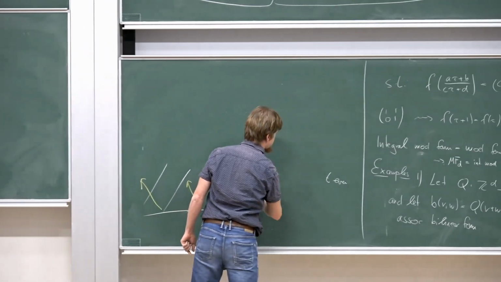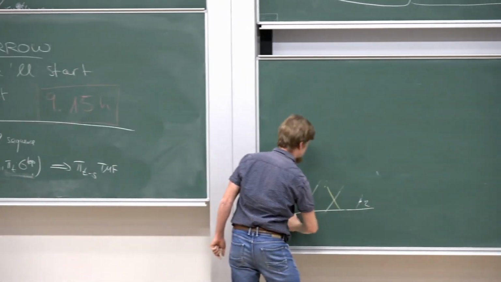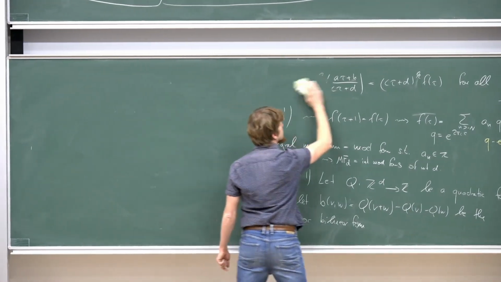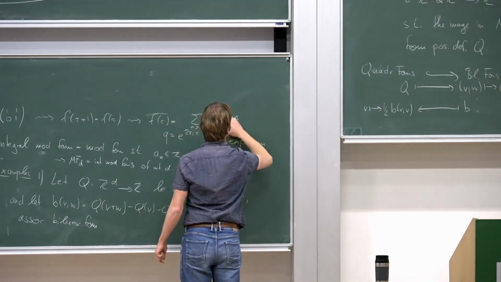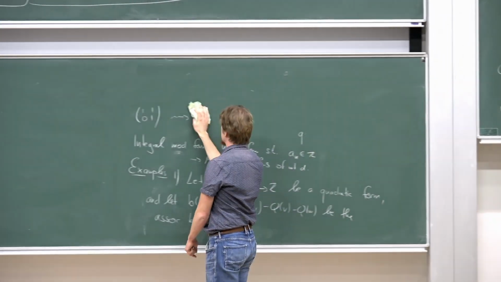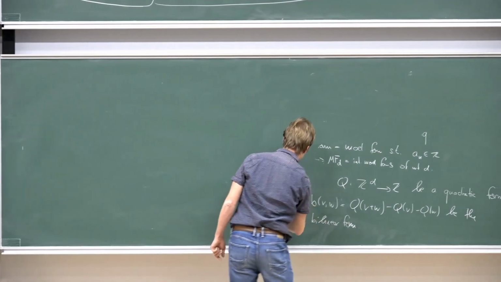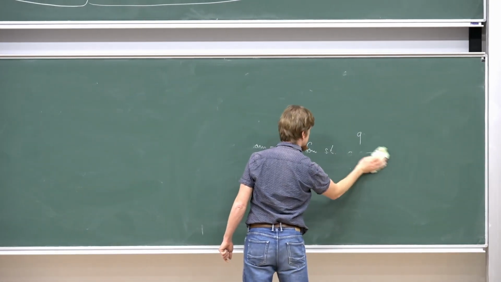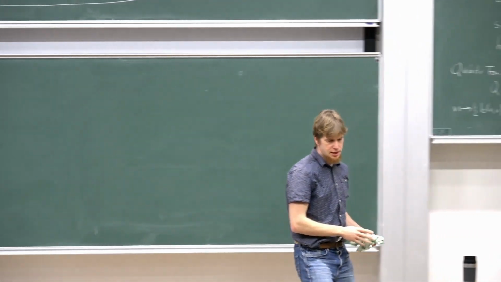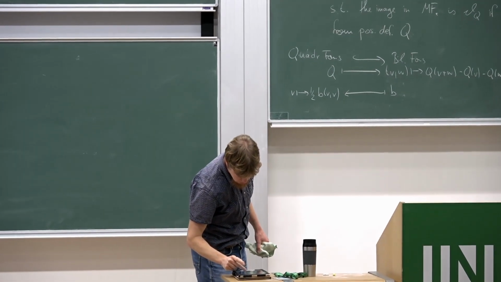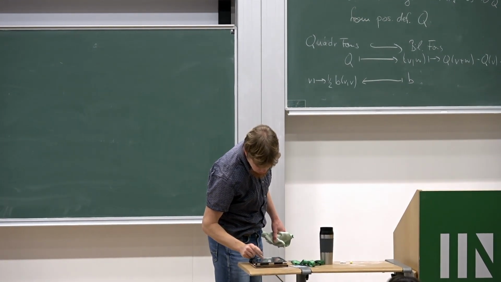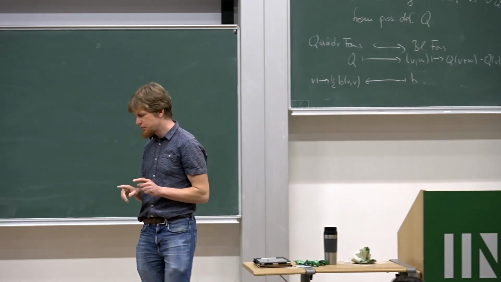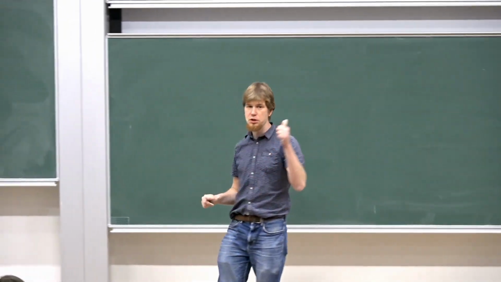So let me, to guide the further way, tell you what this multivariable theta function is. Before I tell you what the multivariable theta function is, I want to say the theta functions were modular forms.